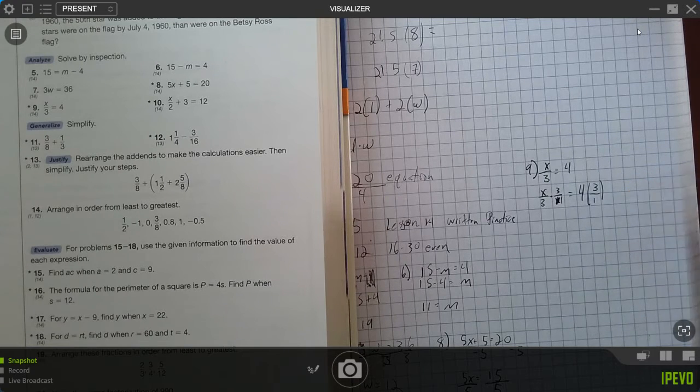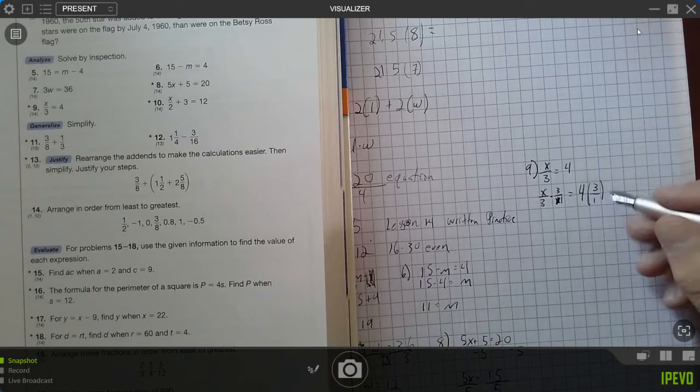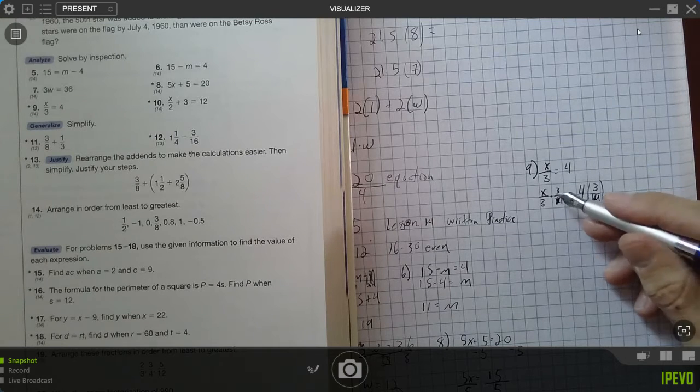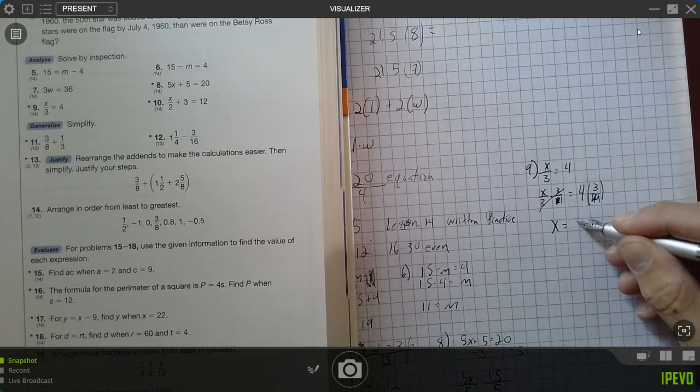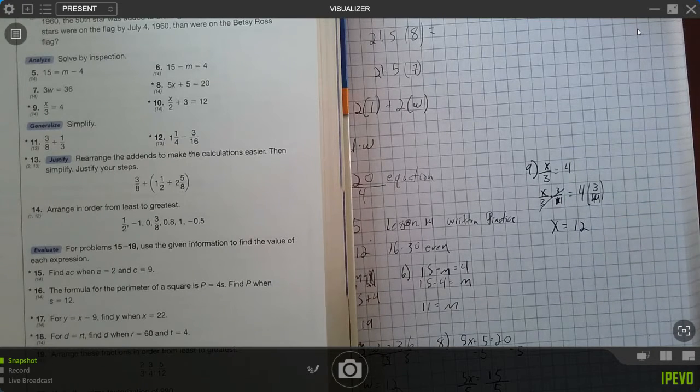I could do it 3 over 1, it's the exact same either way. So this cancels out, giving me x. 4 times 3 is 12, and now I have my answer. Okay.